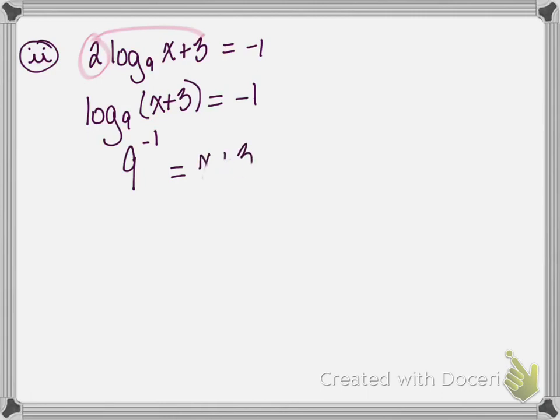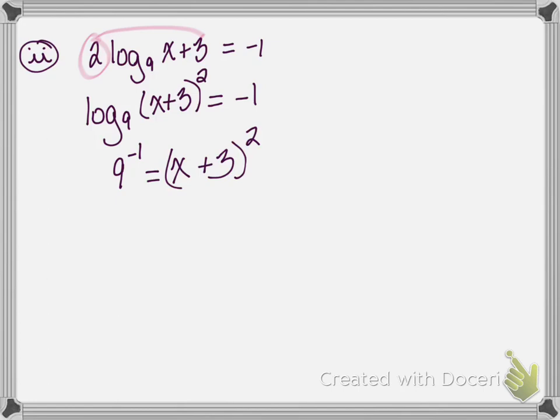Oh, you know what? I forgot my squared. So that's not going to work. I didn't take my 2 and put it there, so I've got to put my squared right here. So I've got log base 9 of x plus 3 squared equals -1. Now I can rewrite it as 9 to the -1 equals x plus 3 squared.